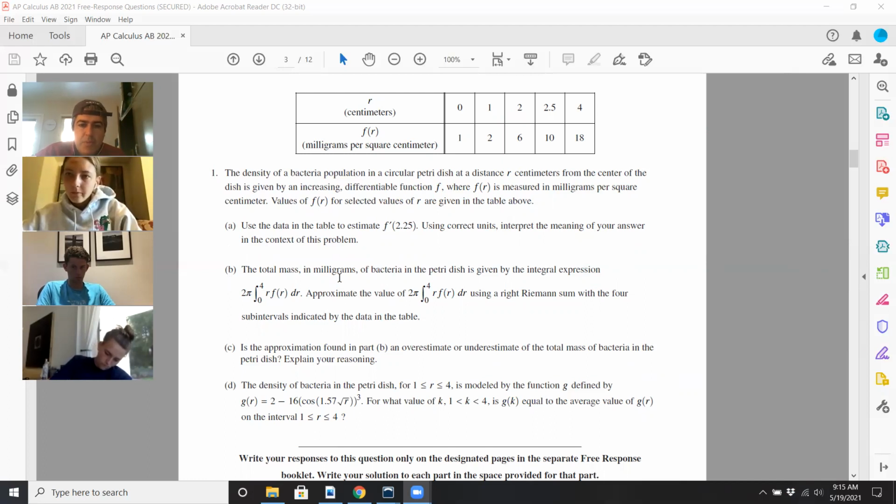What they want you to do is approximate the value of this integral using a right Riemann sum. So remember, if you're doing a right Riemann sum, you got the 2 pi still, but then the integral itself is actually being approximated using a right Riemann sum, which I'm doing in the brackets. So you're gonna begin to evaluate this.